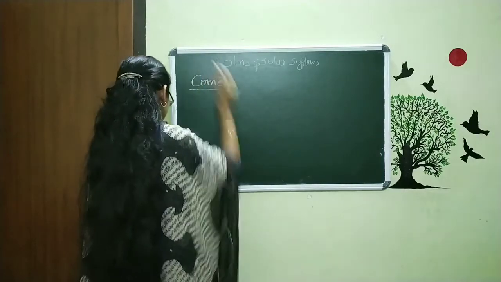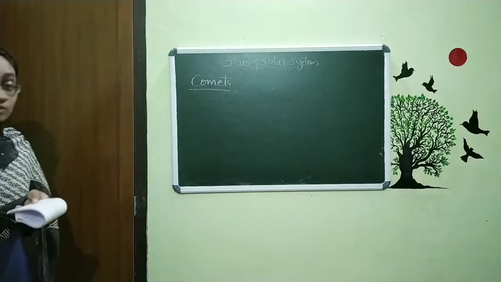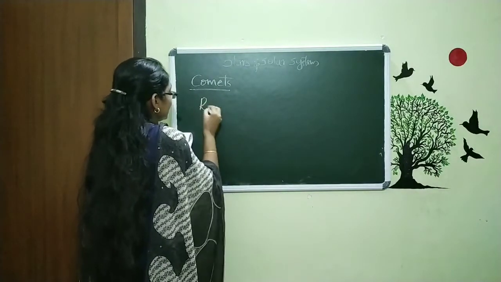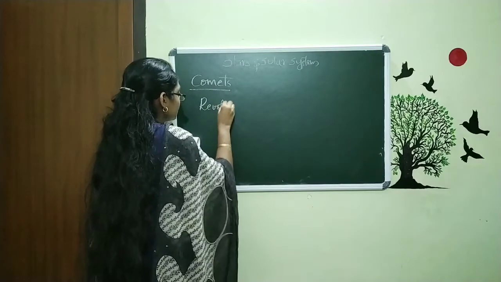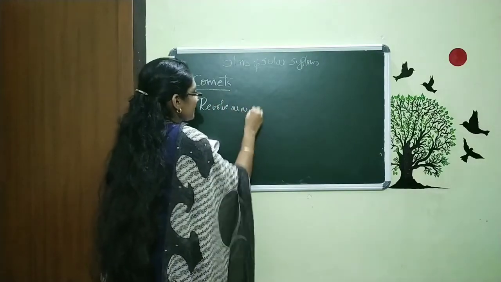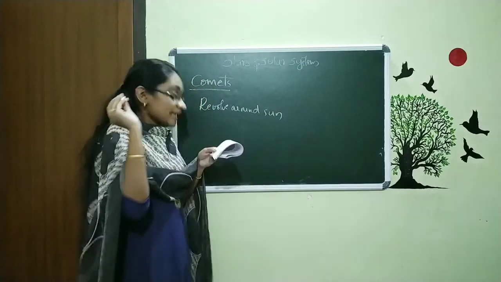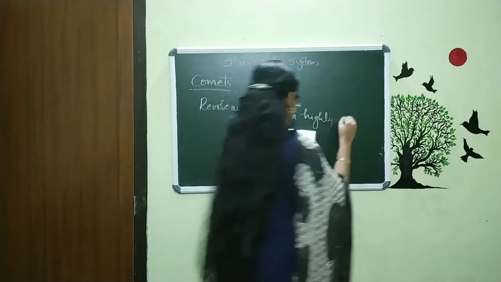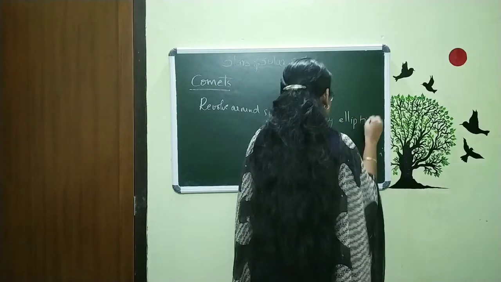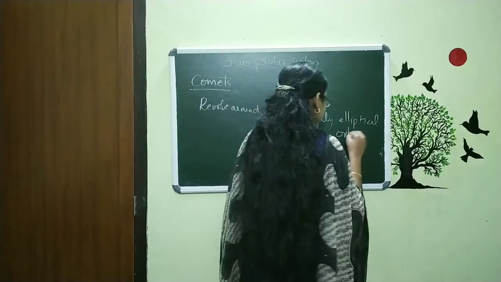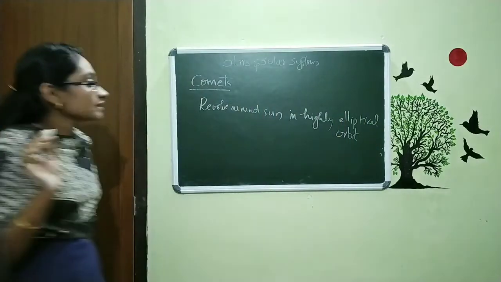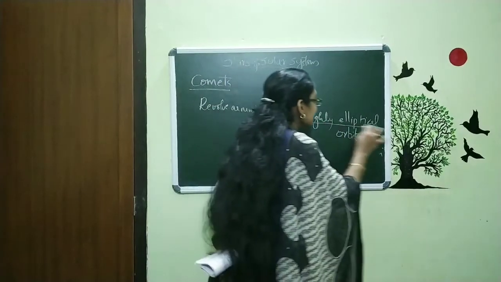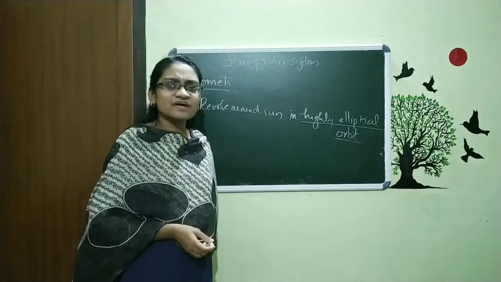So, comets are the objects that revolve around the Sun in a highly elliptical orbit. Means what?